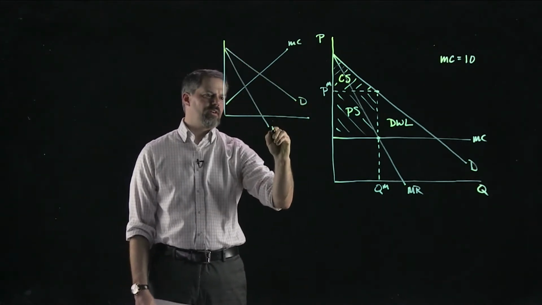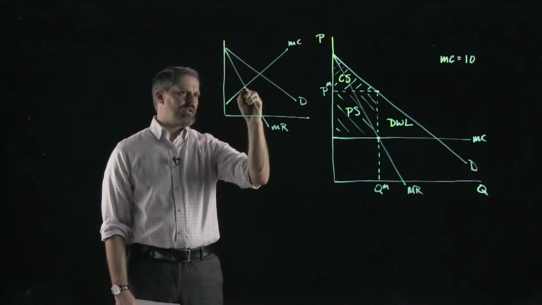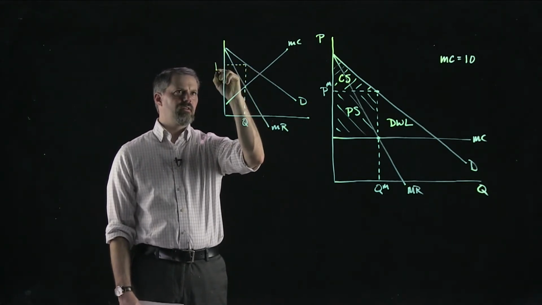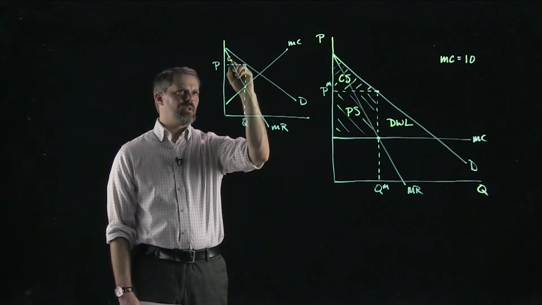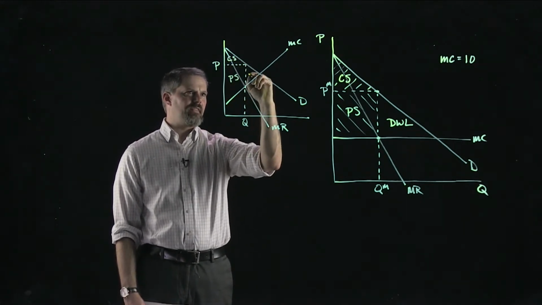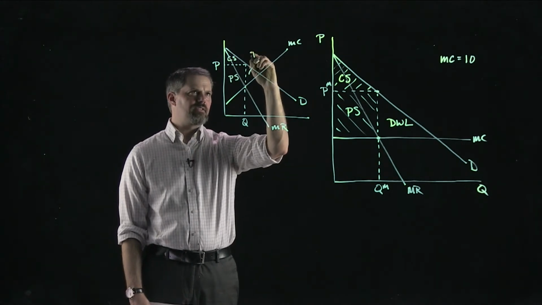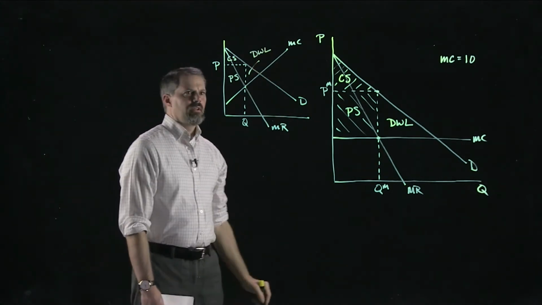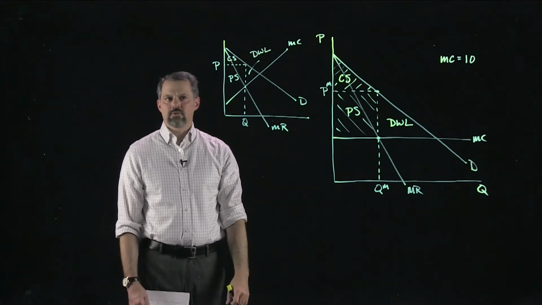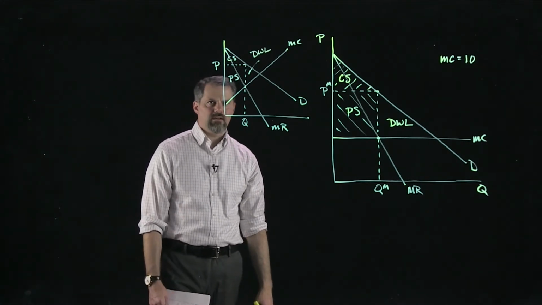Here's the marginal revenue curve. The quantity is right here. The price is right up there. Our consumer surplus is this area. Producer surplus is this area. And that triangle right there is our deadweight loss. So, again, triangles and rectangles you're calculating the area of.